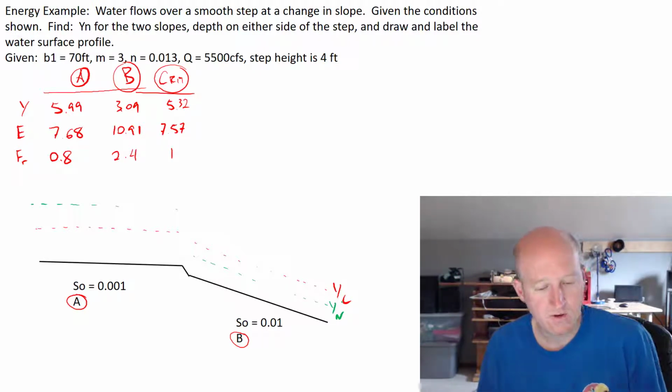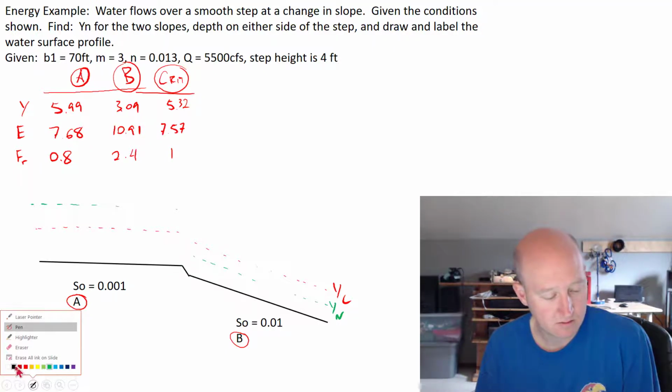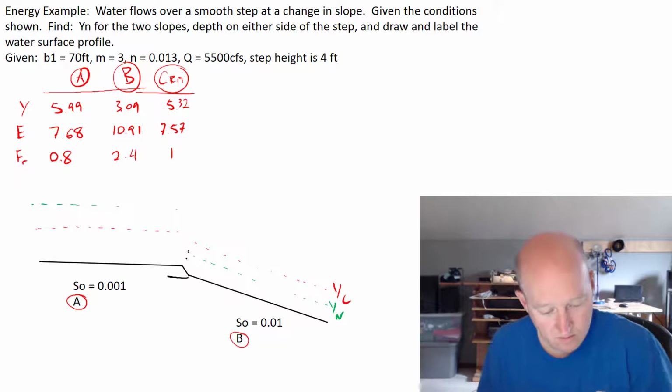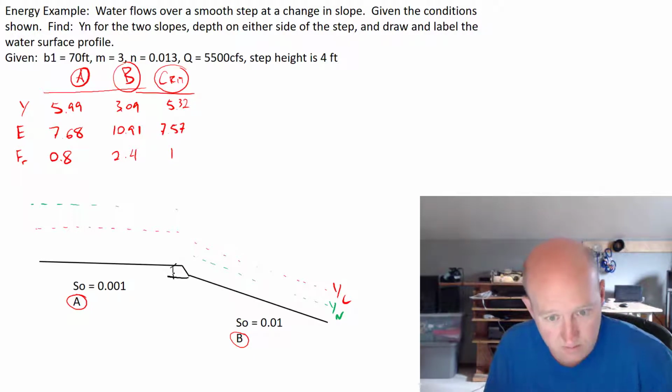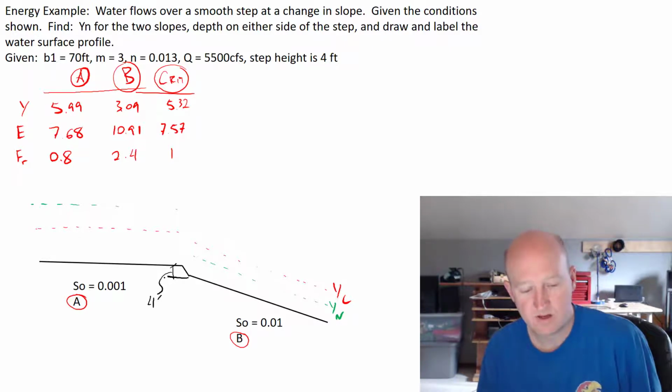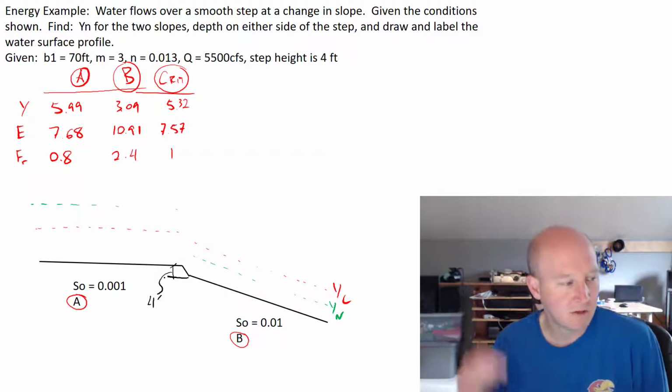So it's going to go from subcritical depth upstream to a supercritical depth downstream. And there's also this step here that's happening. And so that step height is 4 feet. So it's going to kind of boost the water as it goes downstream.